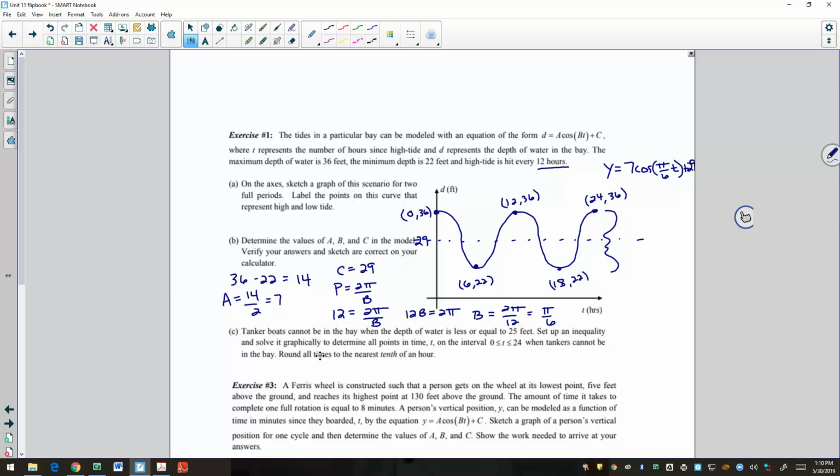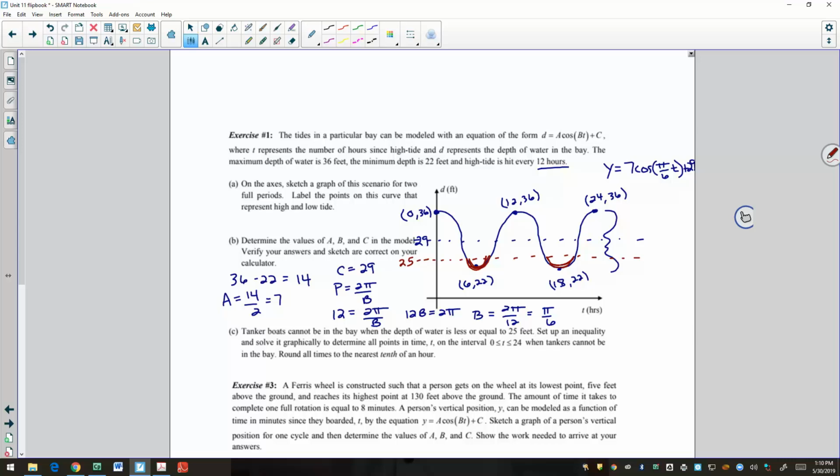Now part C says tanker boats cannot be in the bay when the depth of the water is less than or equal to 25. If I sketched where 25 would be, it would be maybe right around here. I want to know at what times I cannot be in the bay, and I can't be in the bay if the depth is less than 25. So that would be from here to here and from here to here.